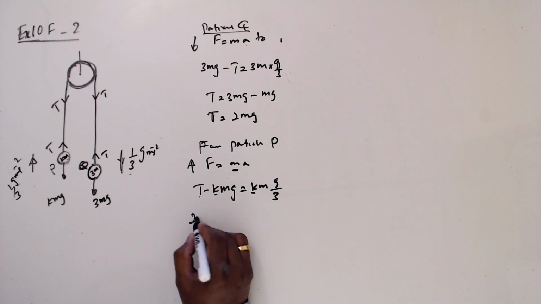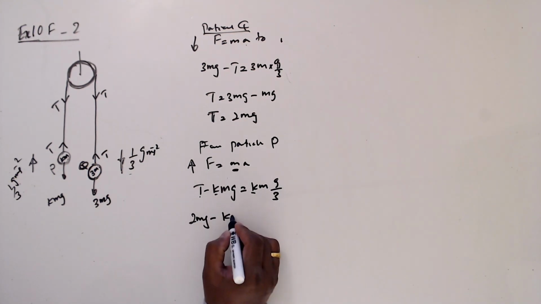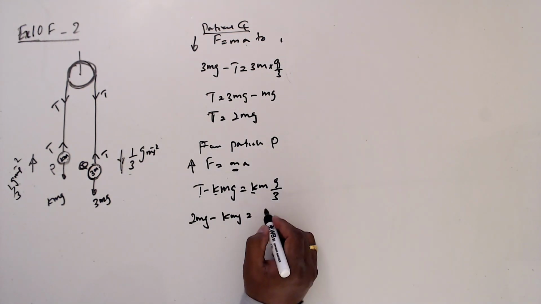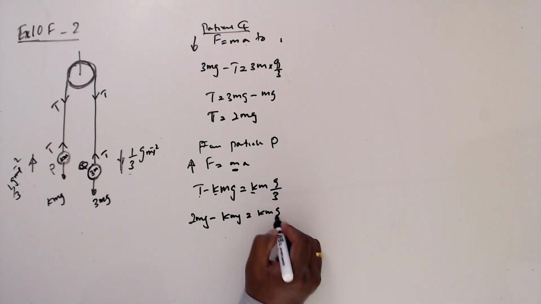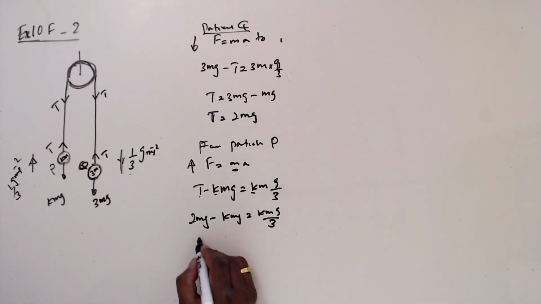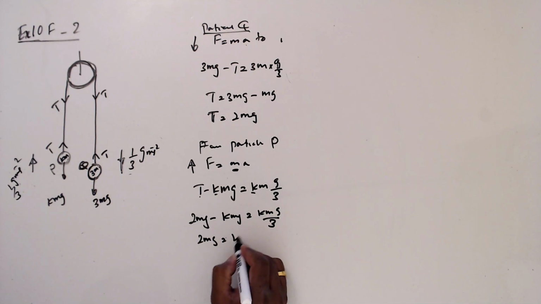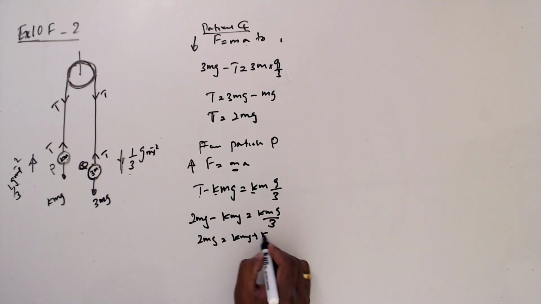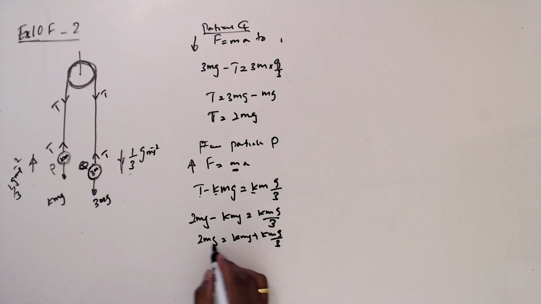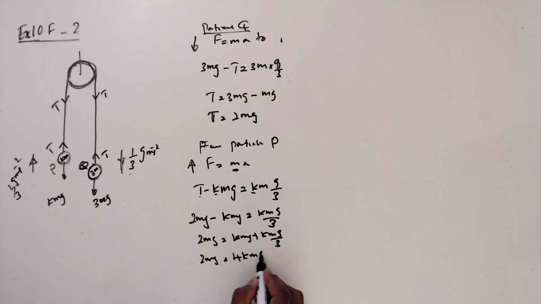So 2mg minus kmg equals kmg over 3. So 2mg equals kmg plus kmg over 3, which is 2mg equals 4kmg over 3.